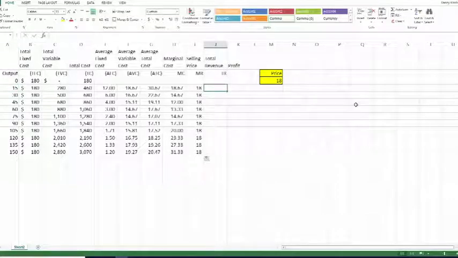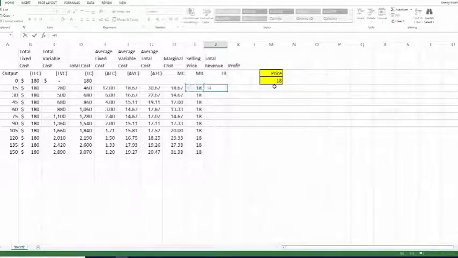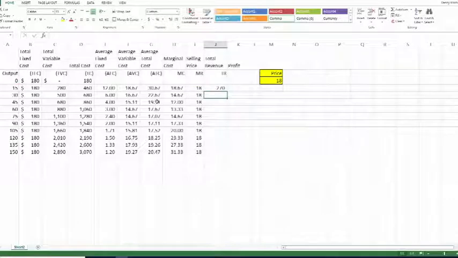So it's just a simple formula. Total revenue is just the price, which is marginal revenue, times the output. So here, if I'm just producing 15, we're making 270 bucks. That's my total revenue. I'm just going to make that a $ sign. I don't care about pennies right now. And I'm going to throw this thing down.